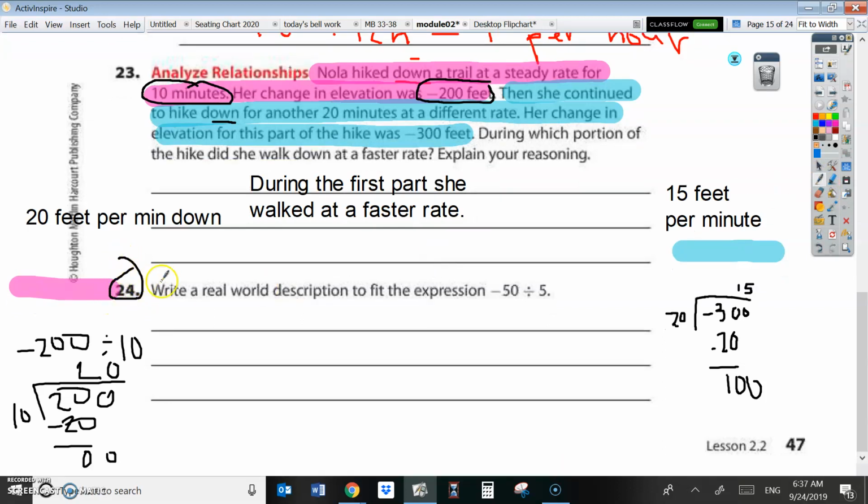Number 24, write a real-world description to fit the expression negative 50 divided by 5.